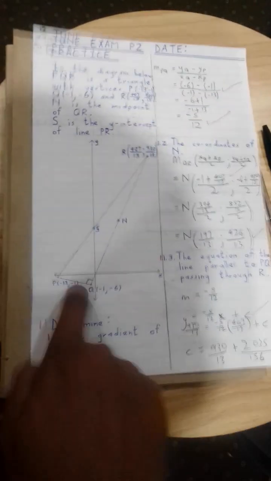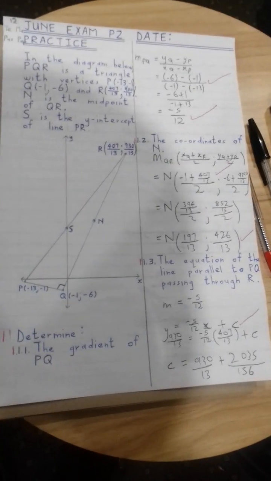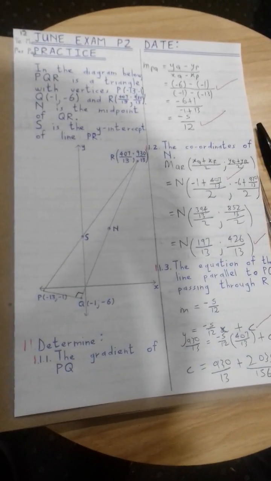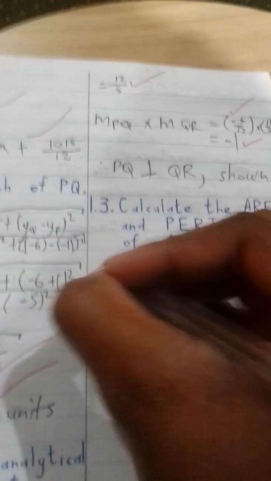In order to get the area, it's half base times perpendicular height, right? So we have the base, it's 13. Now we need the perpendicular height. Let's use the distance formula for QR.